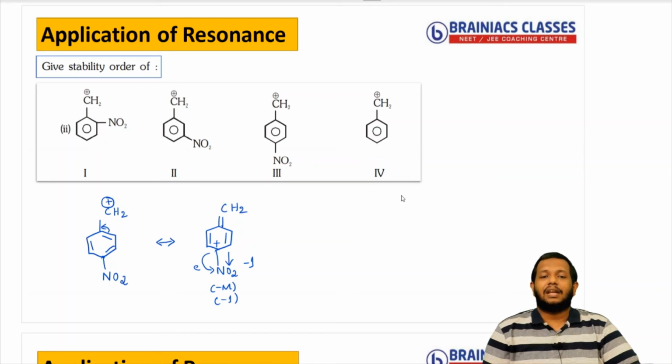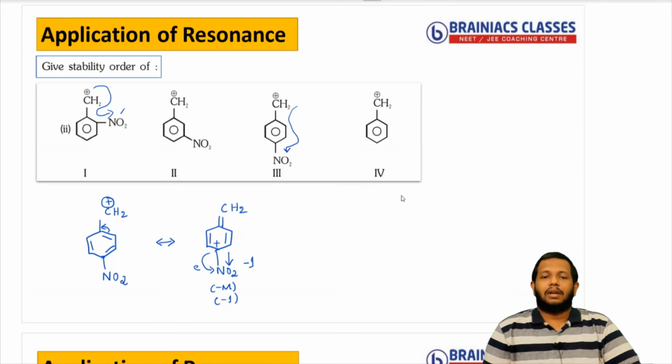Due to minus M effect the impact is the same on ortho and para position, so we cannot distinguish. But we know that inductive effect is distance dependent. In the first case, where NO2 is at ortho position, it can very easily attract the electron, but here it is at a farther position, so it has less minus I effect. So who will be more unstable? The first one is more unstable.